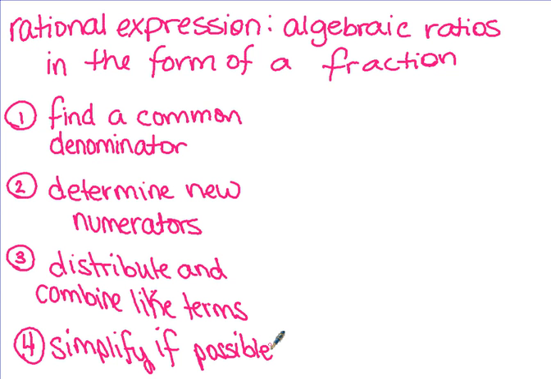All right, we're going to do a few examples of this together. The first problem we have is 4 over x plus 6 over x plus a. All right, we're doing 4 over x, which is a ratio, algebraic ratio in the form of a fraction, plus 6 over x plus a, right, another ratio. The first step we want to do is find a common denominator.